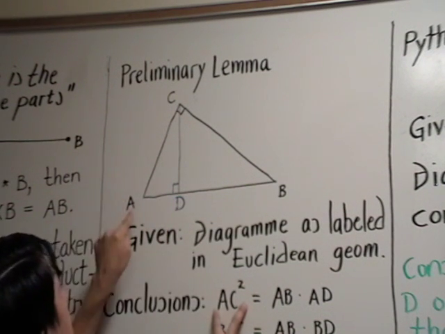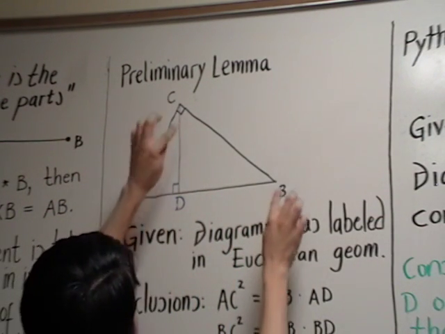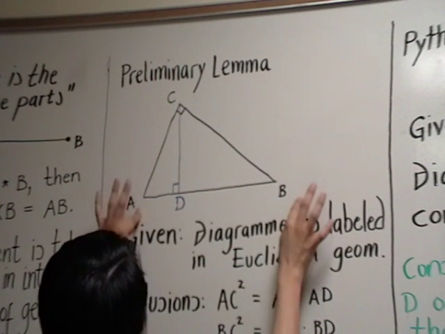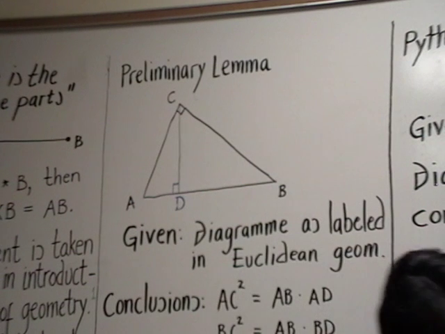So AC squared is AB times AD. Similarly, BC squared is AB times BD. Those are the two conclusions we get.